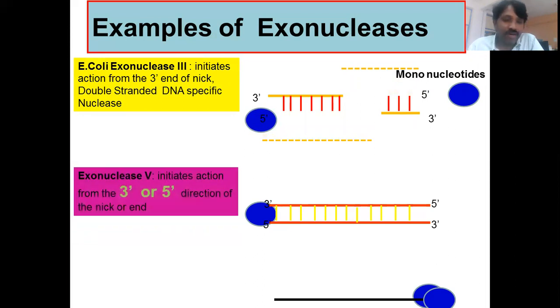The second one is exonuclease V. It initiates action from the 3' or 5' direction.